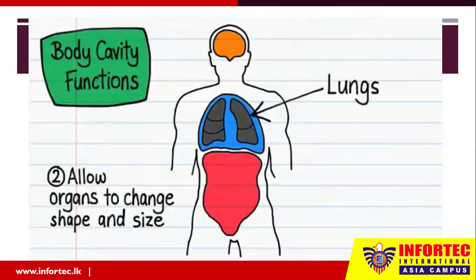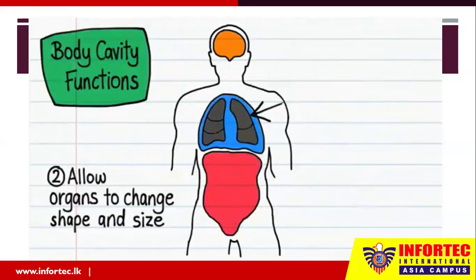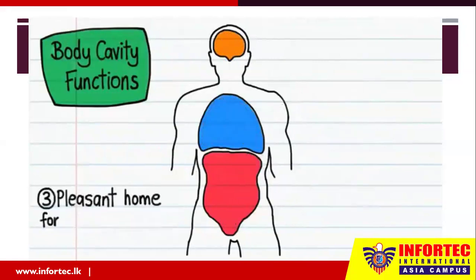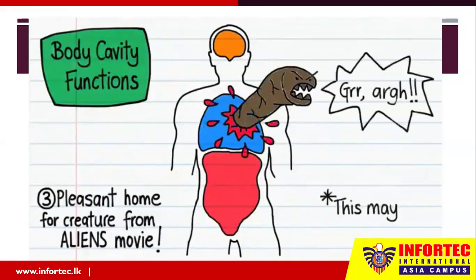For example, our lungs, stomach and bladder can all expand and contract because they sit inside cavities. And lastly, body cavities provide a warm, nurturing space for foreign creatures to implant into, grow and burst from in the Alien movies. That's it, man. Game over, man. It's game over.